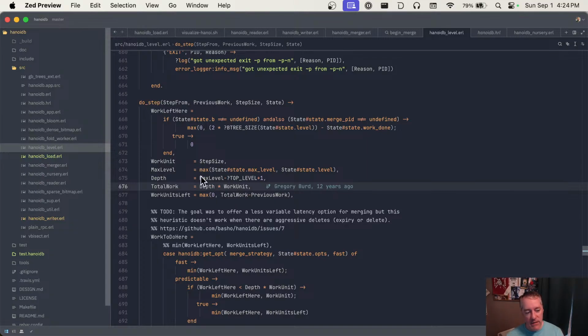So this is going to be 12 minus 10 is 2 plus 1. So 3. So you're going to do 3 times whatever was given as the work unit, so the step size, right? So if you said do 256 steps, yeah, bigger levels are below. This is true. It goes down, right, rather than up.